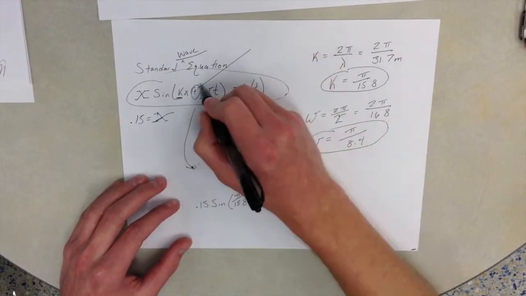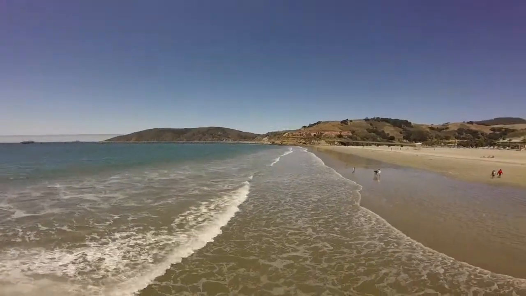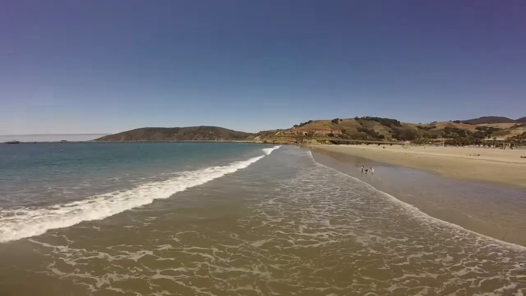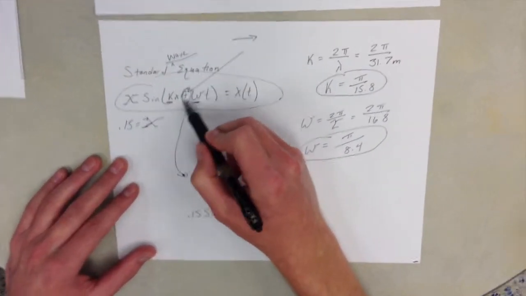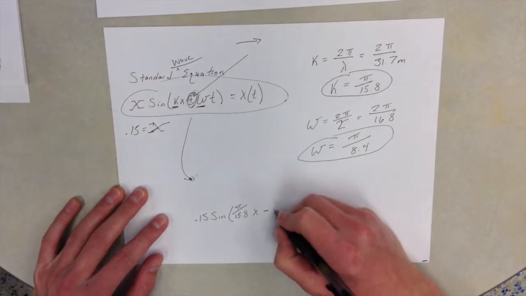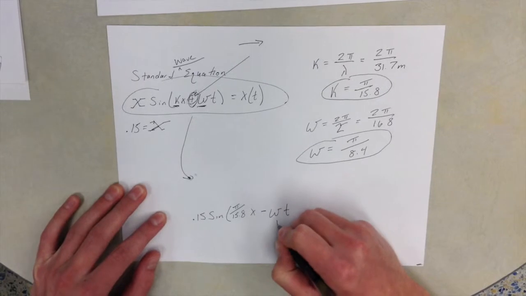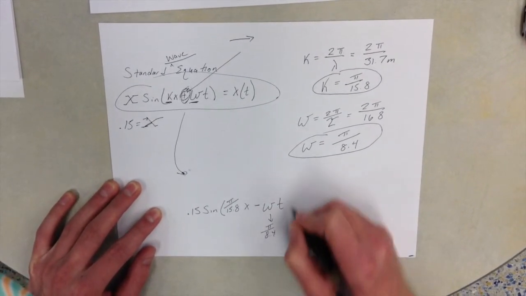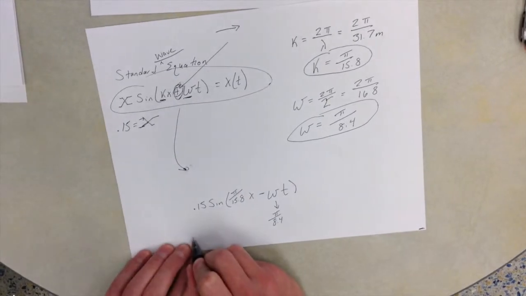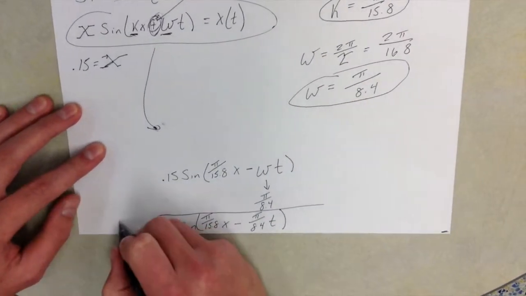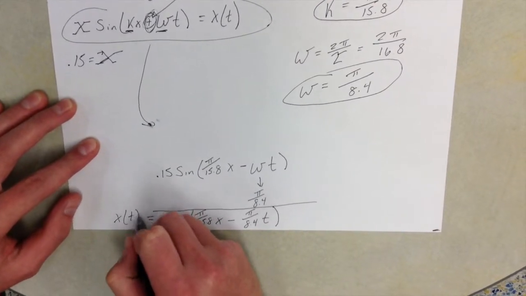This is actually supposed to be a minus, because in the video I previously showed you guys, we see the waves traveling to the right. So we need to remember that and take that into consideration. So it's going to end up being minus omega t. Our omega is pi over 8.4. Let me just rewrite this out clearly at the bottom of the paper here. And this is equal to x of t.